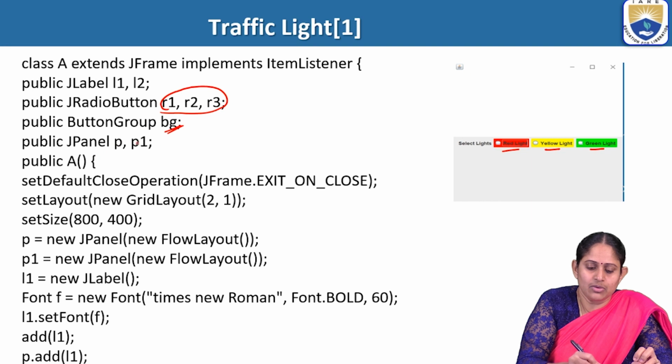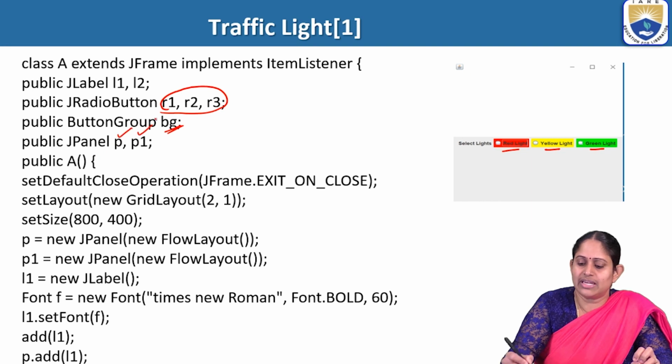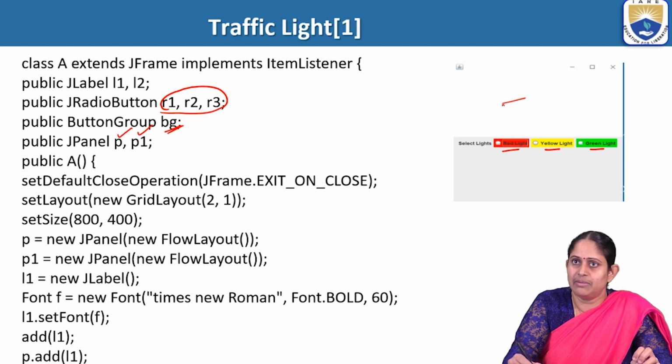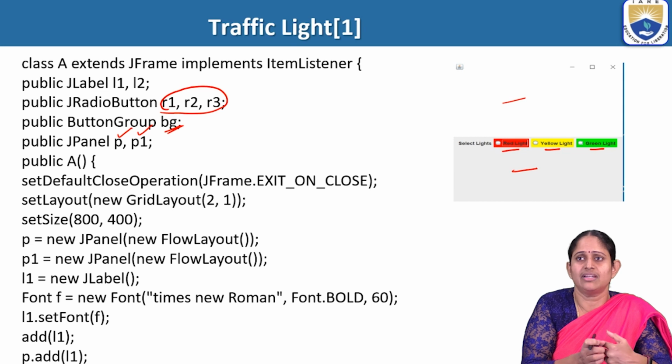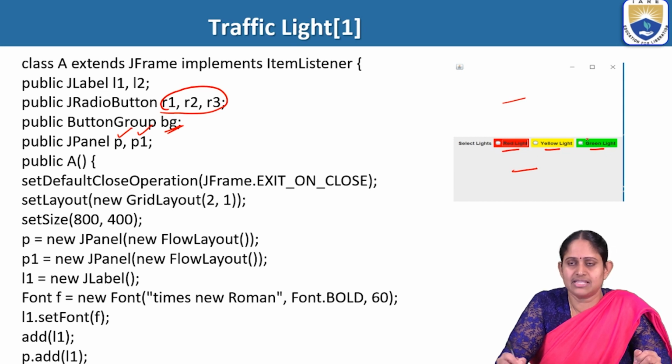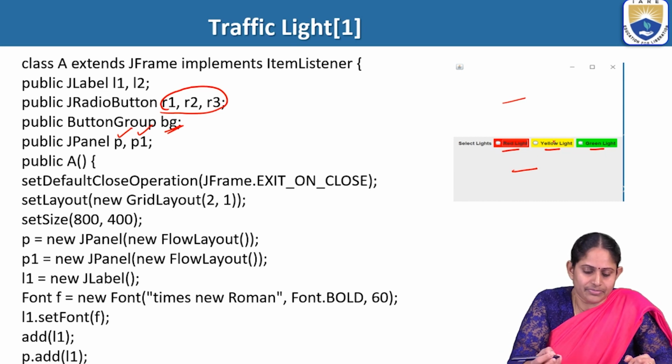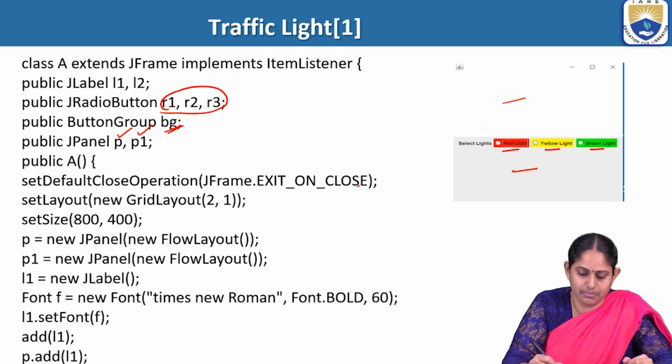Now we are making use of 2 panels, P1 and P2, wherein one panel will be available here and the second panel is available here. The first panel is to display the messages ready, go and stop, and the second panel is to place our radio buttons. Then we are setting all our frame's behavior.